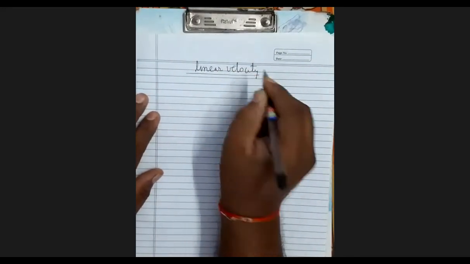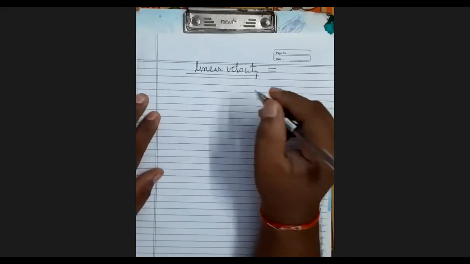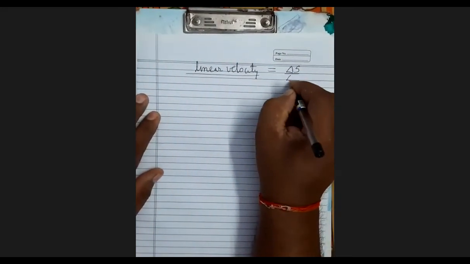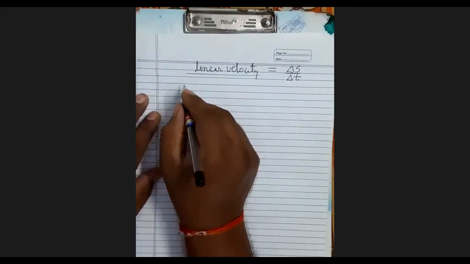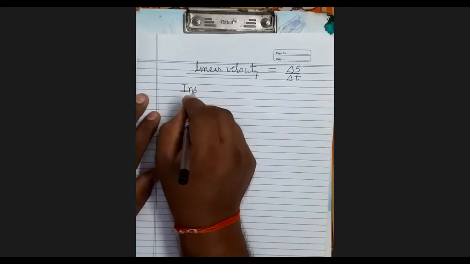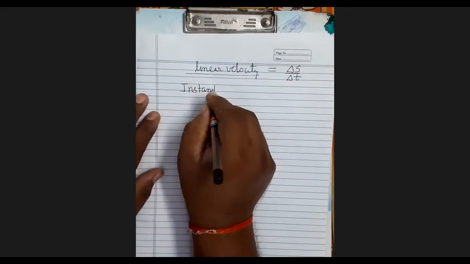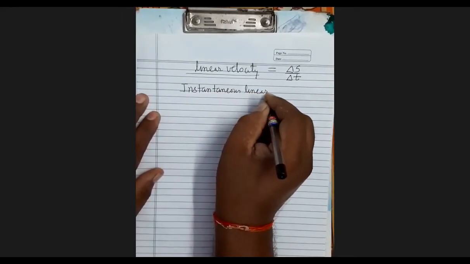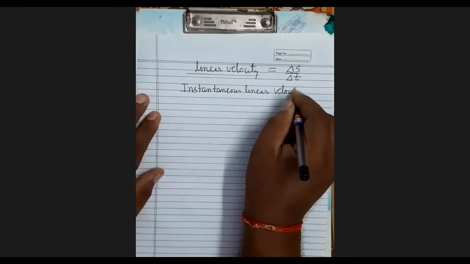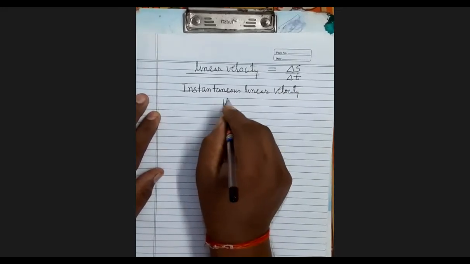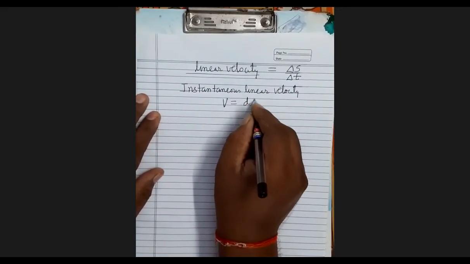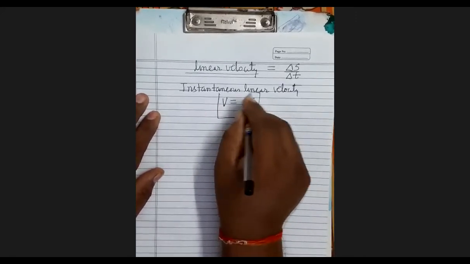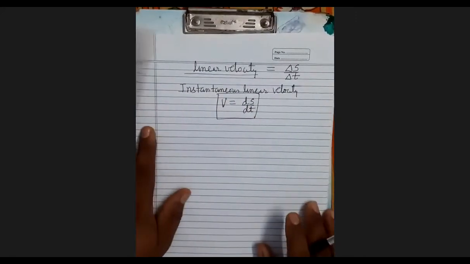It is equal to the linear distance traveled per unit time, that is delta s upon delta t. So what will be the instantaneous linear velocity? That is v equals d by dt of s, that is ds upon dt. This is the instantaneous linear velocity.